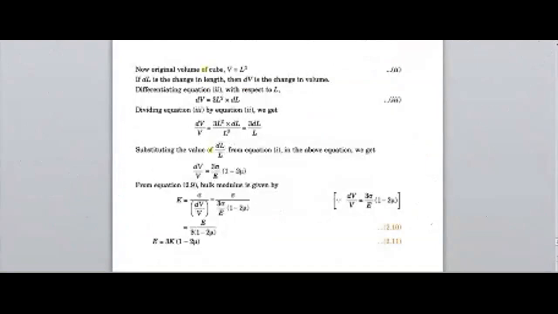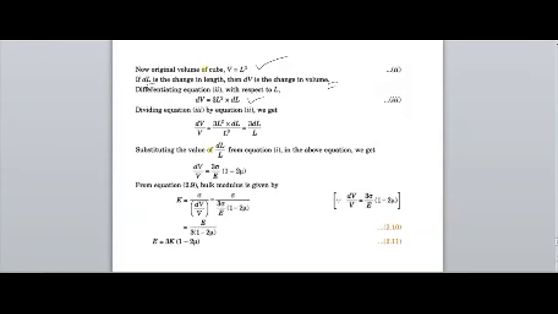Next, the original volume of a cube is V equal to L cube. The change of length is delta L, and the change of volume is delta V. So if you differentiate the second equation, we will get the relation delta V is equal to 3 times L square into dL.